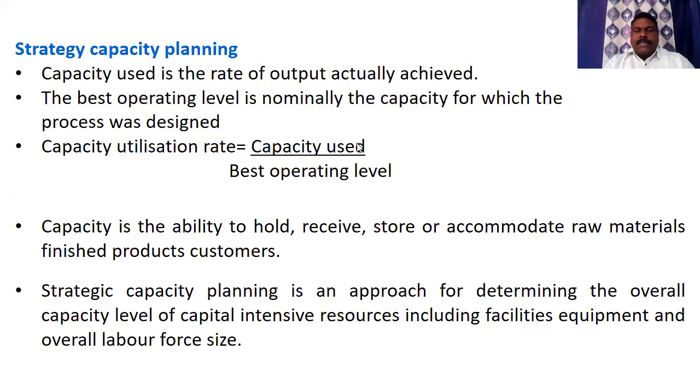Strategic capacity planning is an approach for determining the overall capacity level of capital-intensive resources, including facilities, equipment, and overall labor force. Repeatedly, you can see the changes in the definitions of capacity and capacity planning. Strategically, if you are going to say overall, we have to check the capacity.